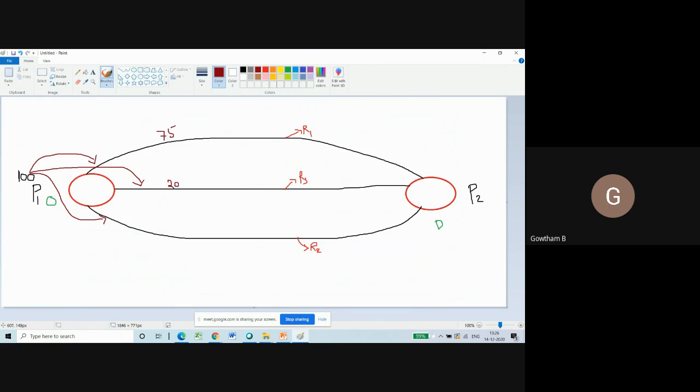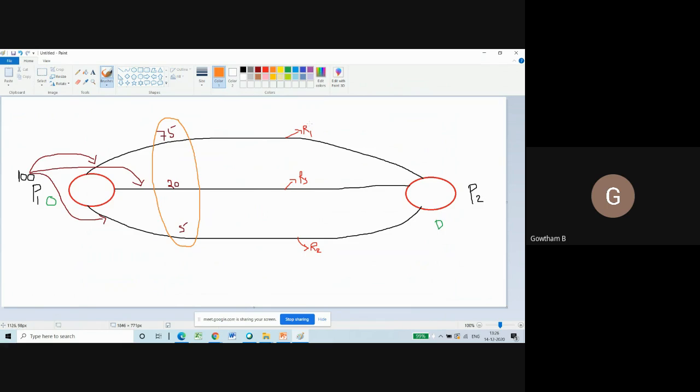So the remaining, how much is it? 75 plus 20 is 95, so 5 vehicles are using route number 2. This is one case you may consider: 75 vehicles using route 1, 20 vehicles using route 3, and 5 vehicles using route 2.